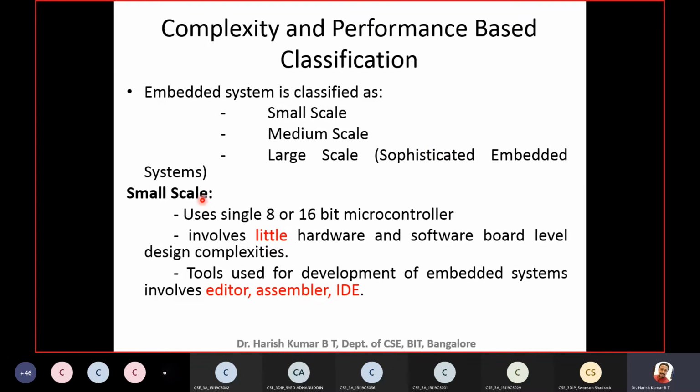Small scale embedded systems are the ones which use an 8 or 16-bit microcontroller, and they have very little hardware complexity and very small software complexity. The tools used for developing small scale embedded systems include small editors for writing the program, assemblers for translating the programs into machine code, or sometimes an IDE, an integrated development environment.